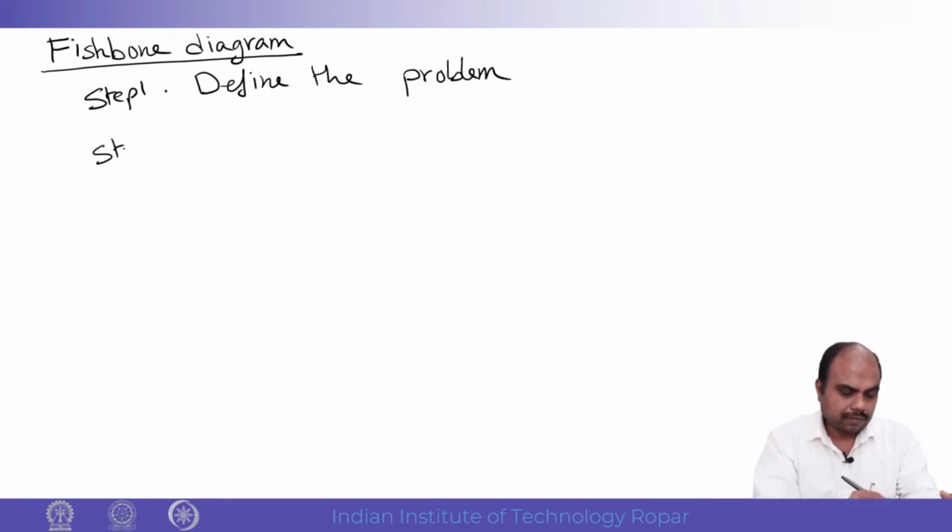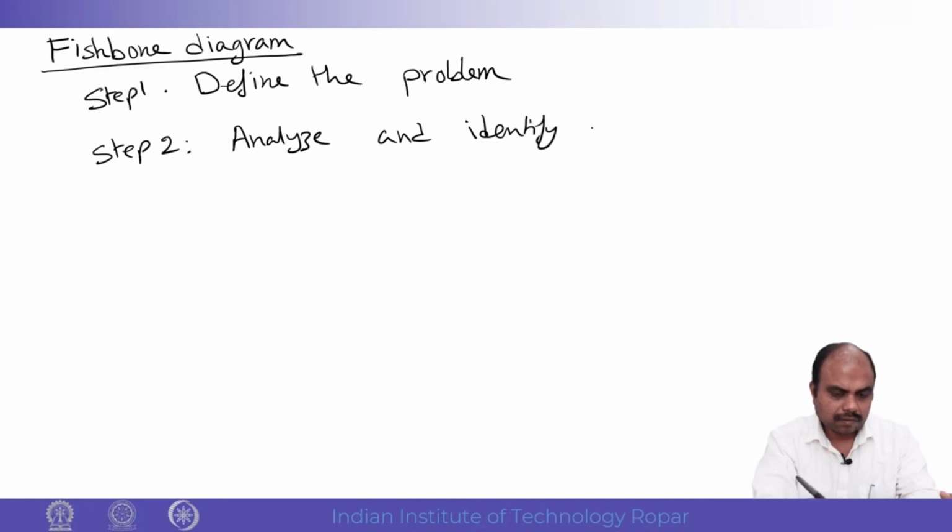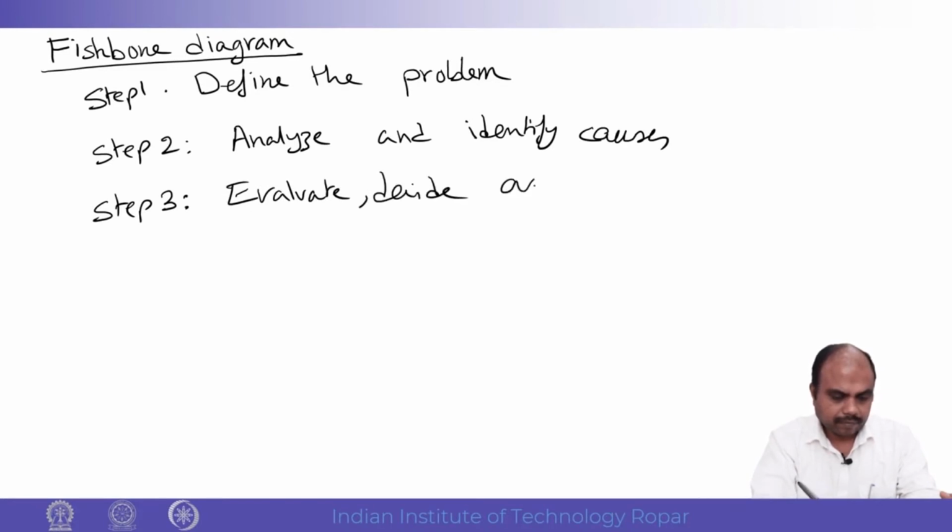Then step 2 is analyze and identify causes. Then step 3, evaluate, decide and take action. Then of course rank.